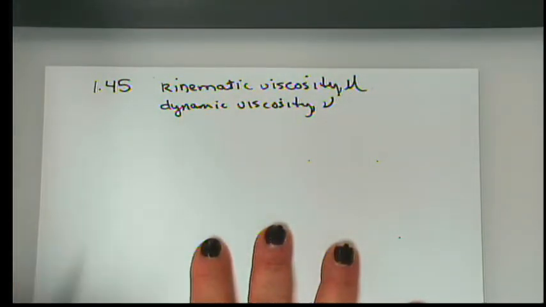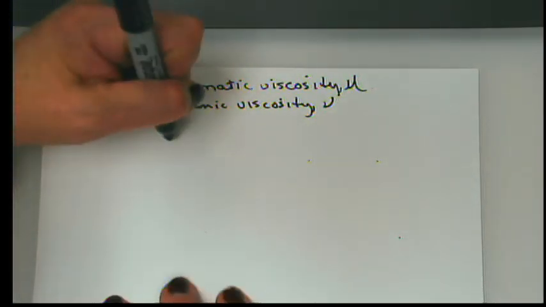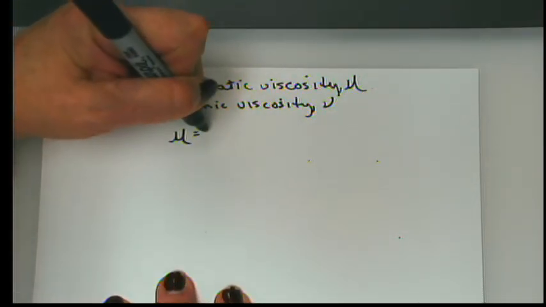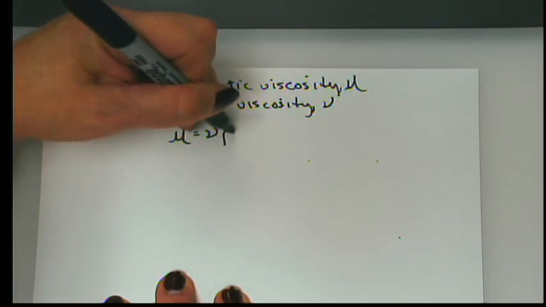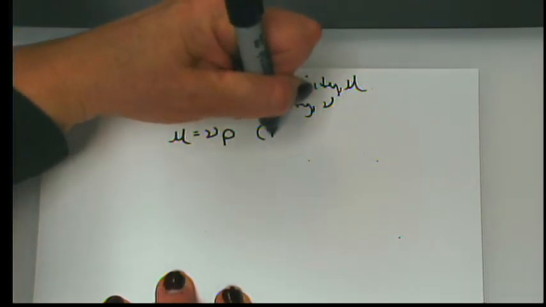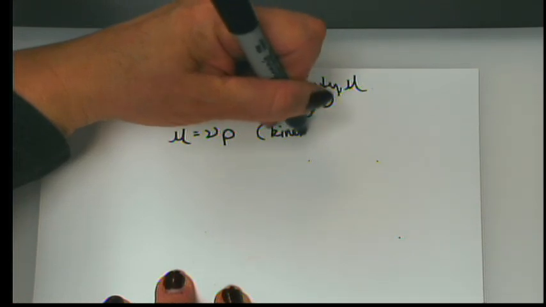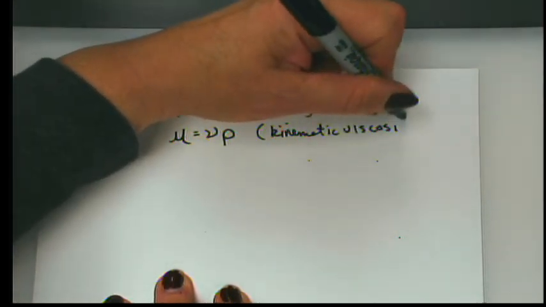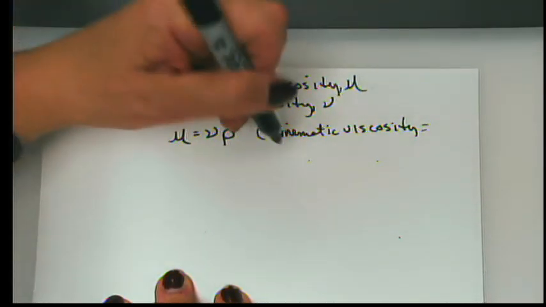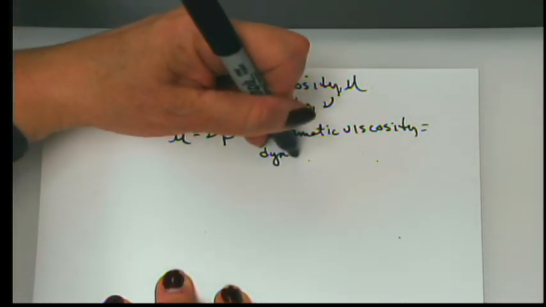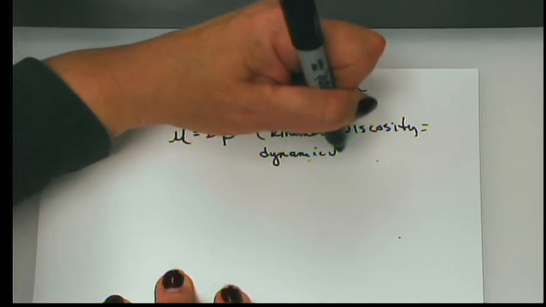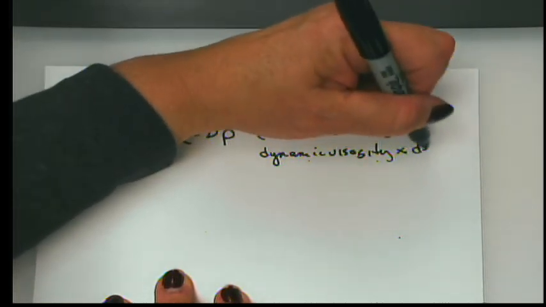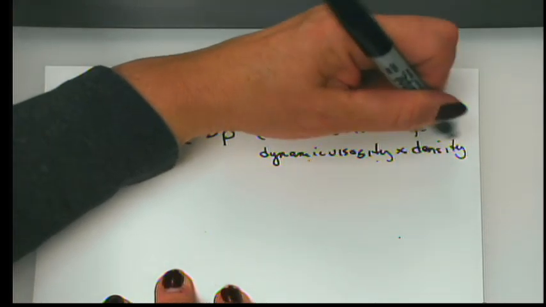The relationship between them is that mu is equal to nu times rho, or kinematic viscosity is equal to dynamic viscosity multiplied by the density of the fluid.